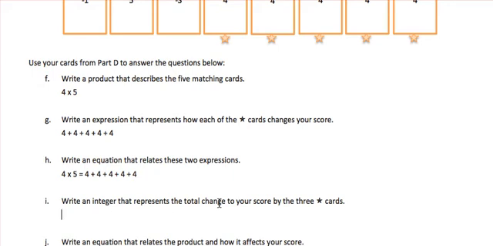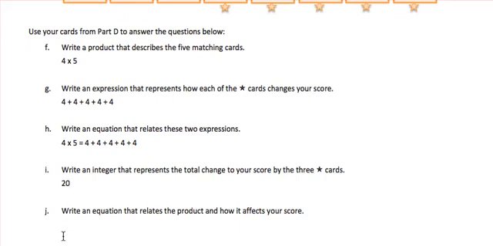The integer that represents that total change to the score would be 20, and our equation that relates the product and how it affects the score would be 5 times 4 equals 20.